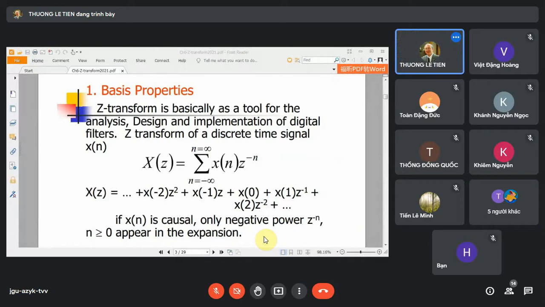So when I check, if you take notes well, it is quite simple questions, and it can also be a good help for you to review what the DTFT is, what the Z transform is, and what the relationship between the DTFT and the Z transform is.